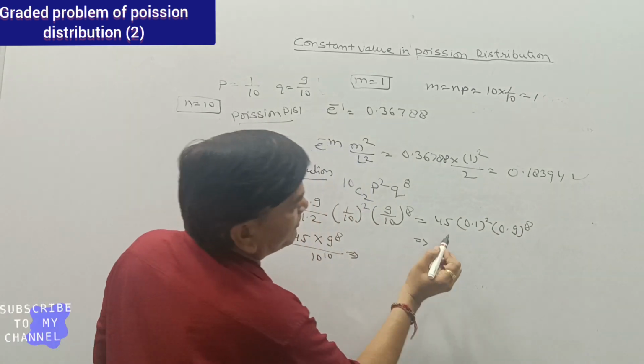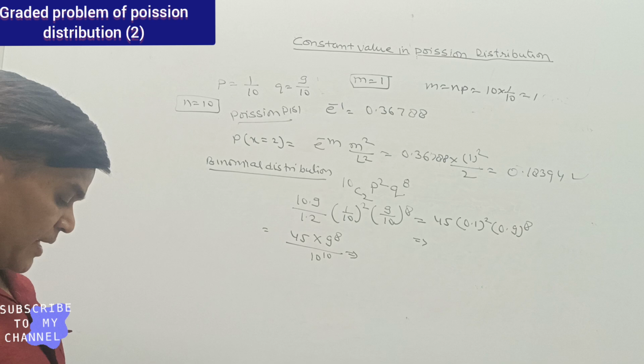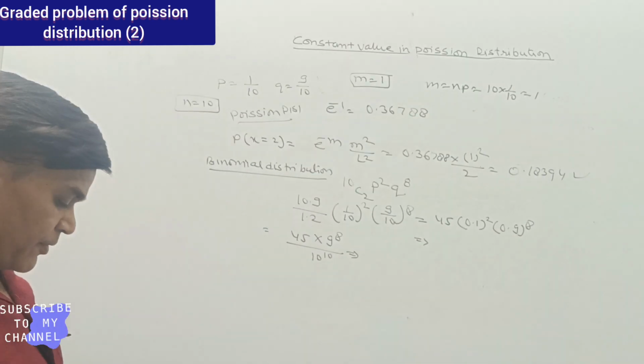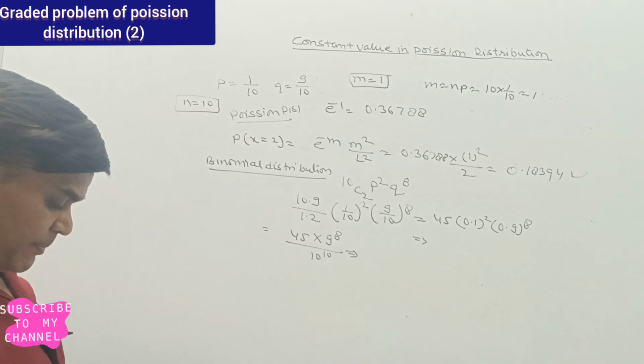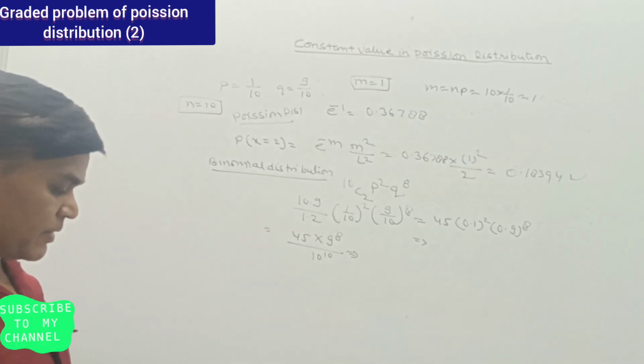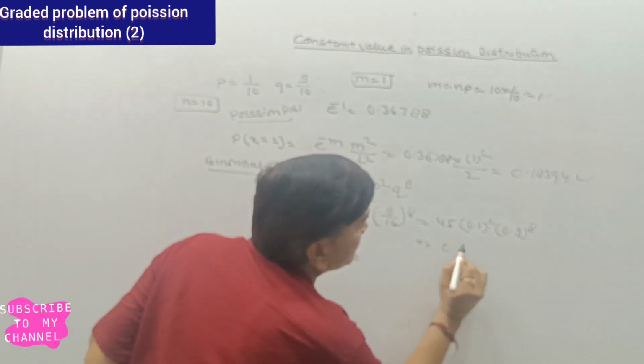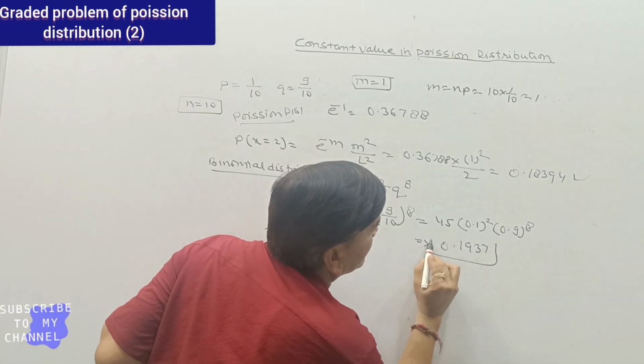This also we can calculate with the formula: 0.9 multiply 2 times, multiply 4 times, multiply 8 times, multiply 0.01, multiply 45. So this is 0.1937. So very easily we have calculated 0.1937.